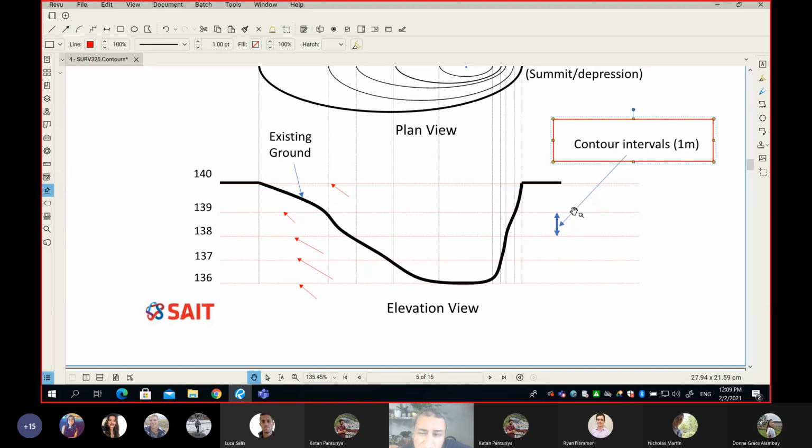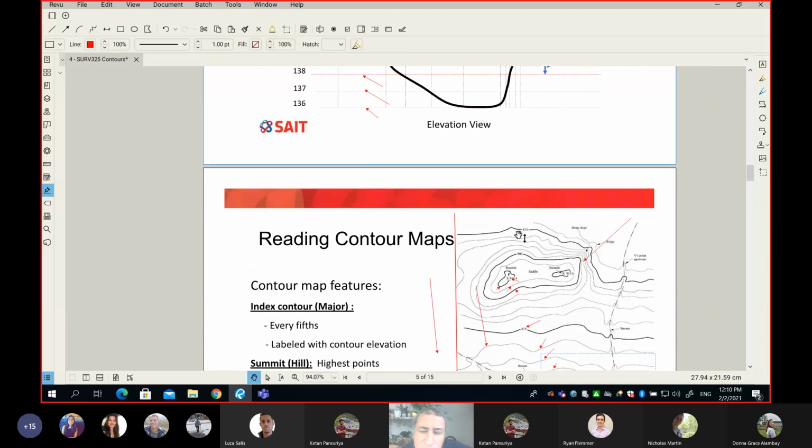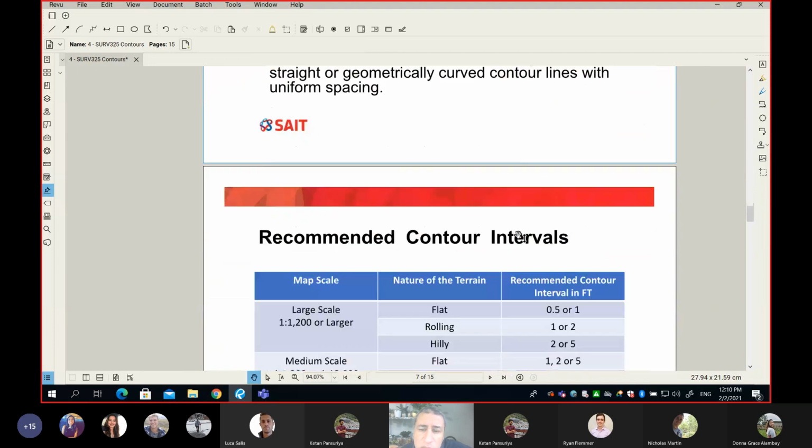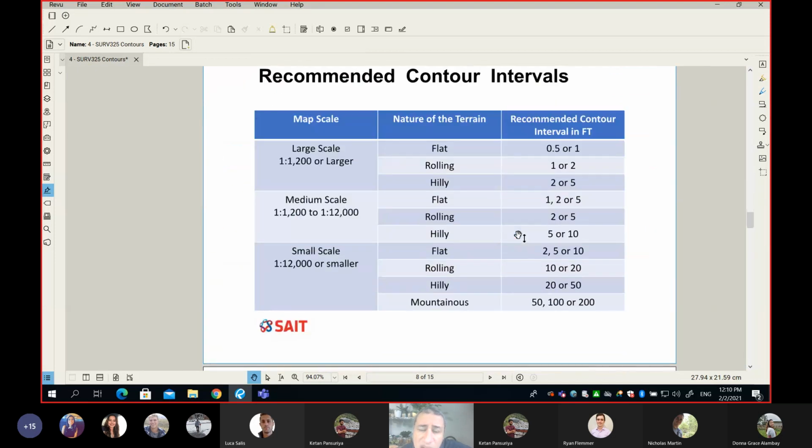The choice of the contour interval has two main factors. When we choose them, there are mainly two factors. Number one is the nature of the terrain. You can imagine if I go to a soccer field, which is pretty much flat, should I use a 1 meter contour interval? I'm asking you, what do you think?